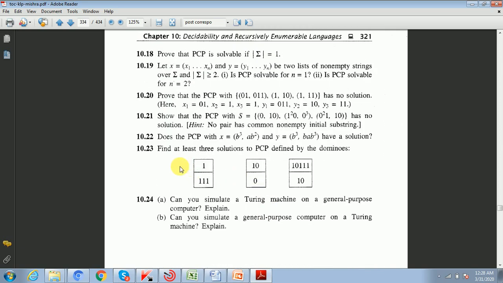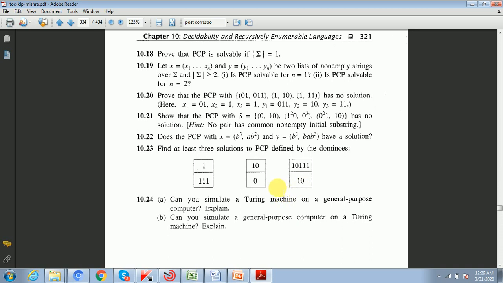Now find at least 3 solutions to PCP defined by these dominoes. Here x1 is 1, y1 is triple 1, x2 is 1 0 and y2 is 0, and x3 is 1 0 triple 1 and y3 is 1 0.